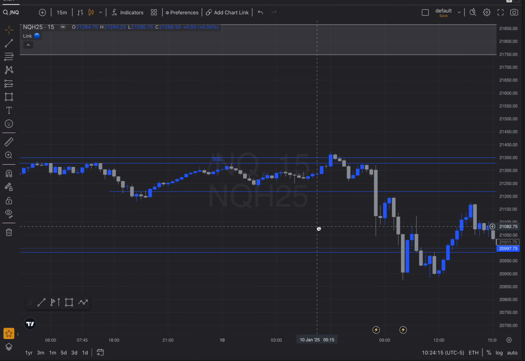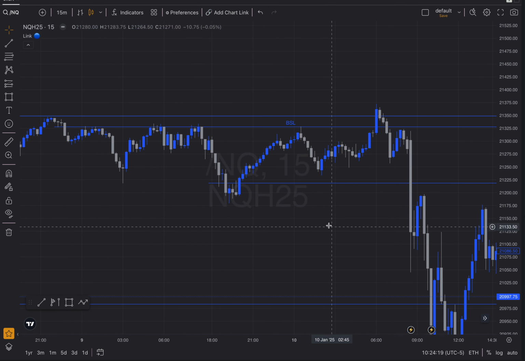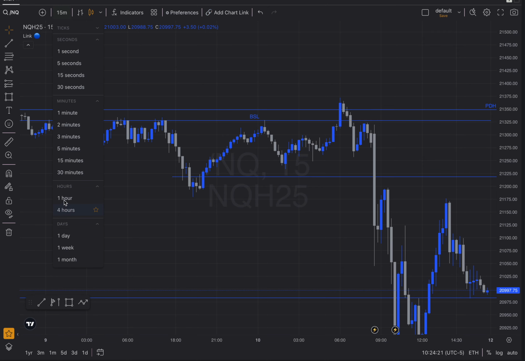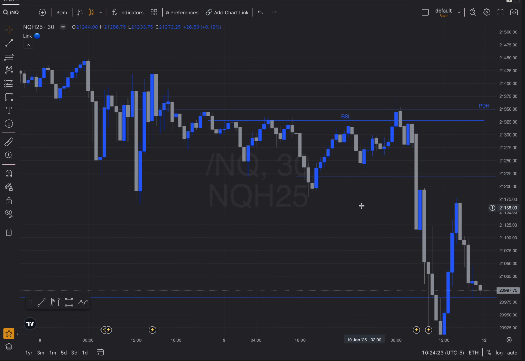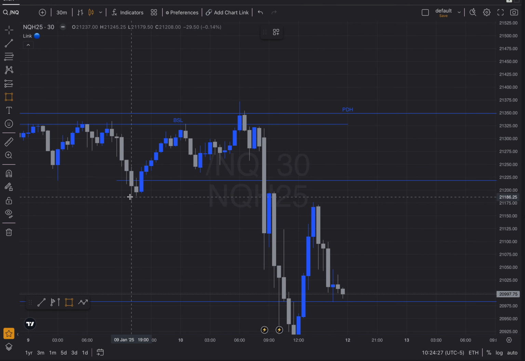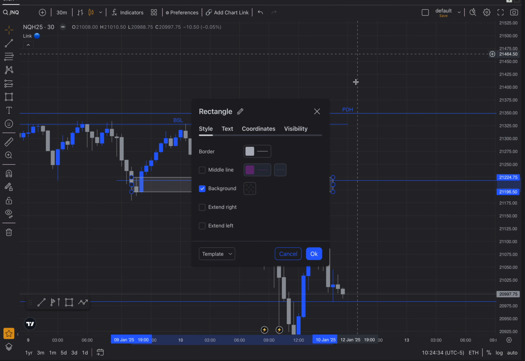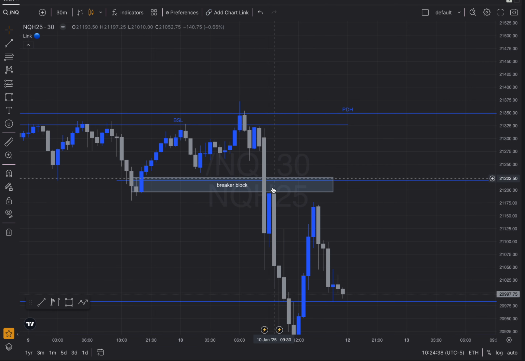So what I can see right here, let me see if it looks better on the 30 minute. So yeah, right here, this is an invalidated order block, which makes it a breaker block. Okay, on the 30-minute.